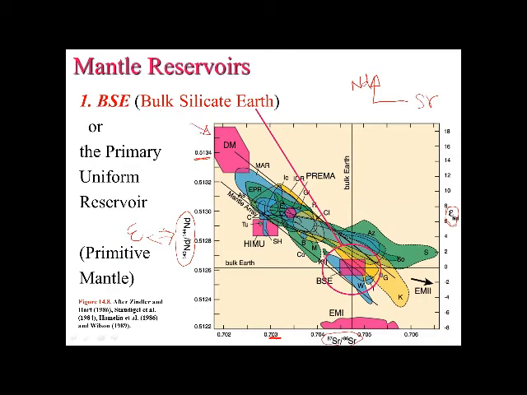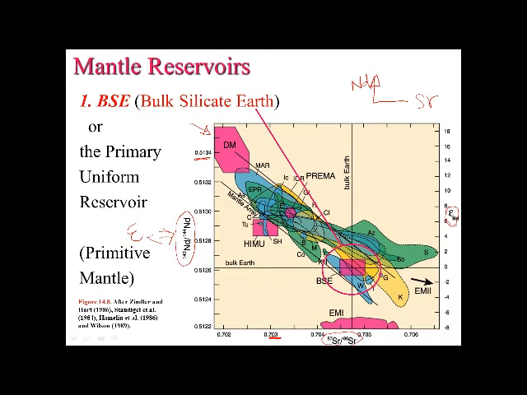So if you take the depleted mantle, how can you characterize it in terms of neodymium and strontium isotopes? Just by looking at its position, can one tell me how we can place the isotopic composition there?